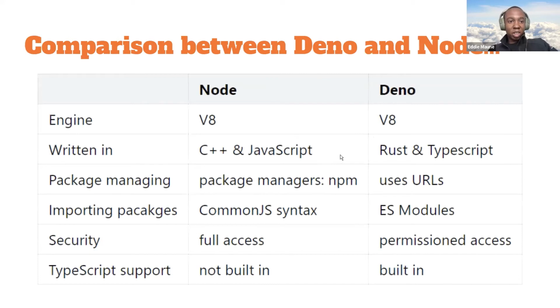Okay, so a comparison between Deno and Node. Both Node and Deno use Google's V8 engine. The difference is that Node is written in C++ and JavaScript, whereas Deno is written with Rust and TypeScript.